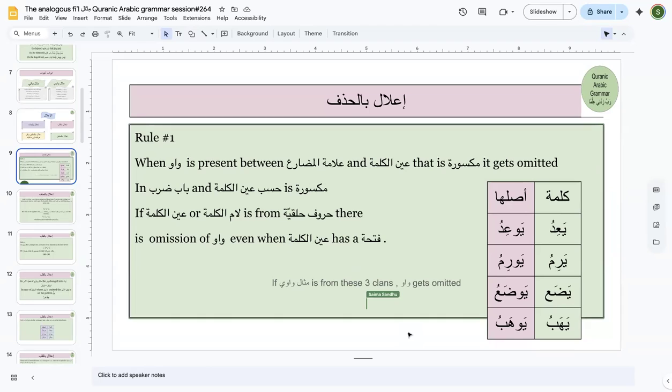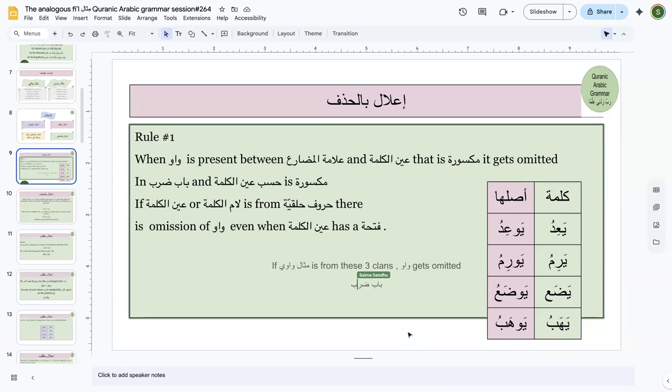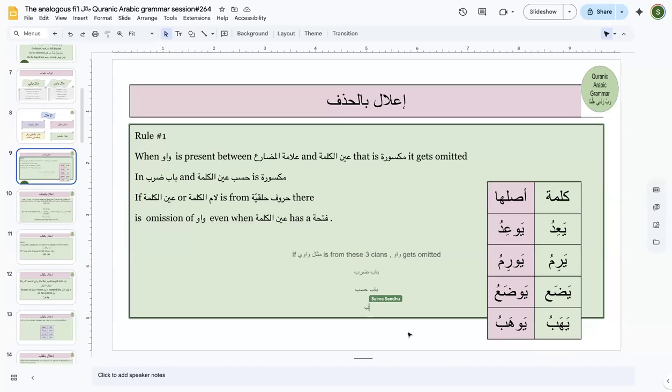So which are these three clans? Bab daraba, bab hasiba, bab fataha. Clear to all of you?